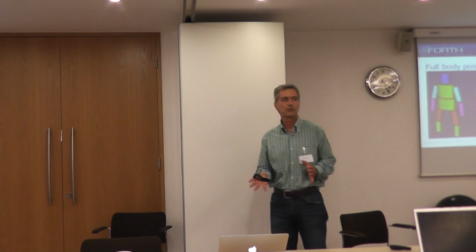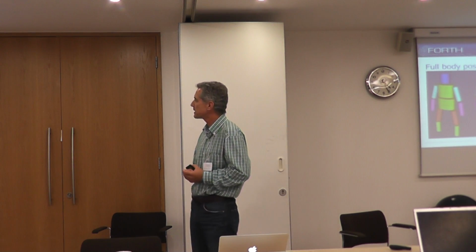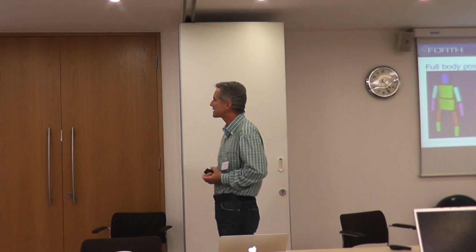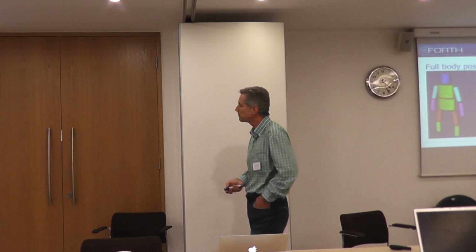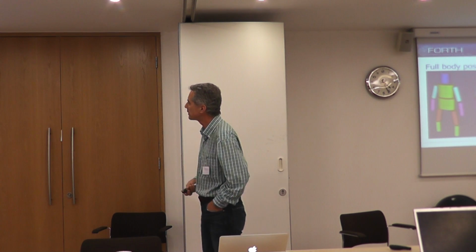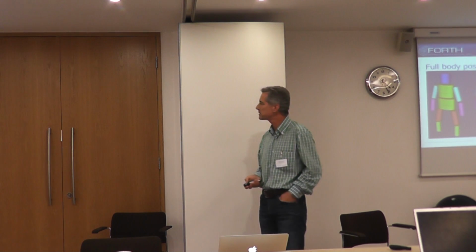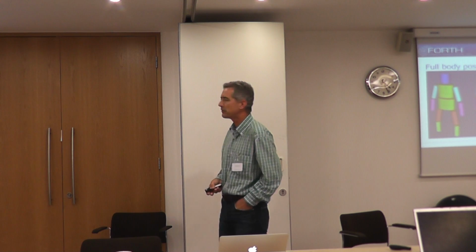Having done this for the torso, there is nothing that obstructs us from extending this to all the human body parts. For that, we model the human body as an ensemble of cylinders, and we use standard kinematic models for every part.